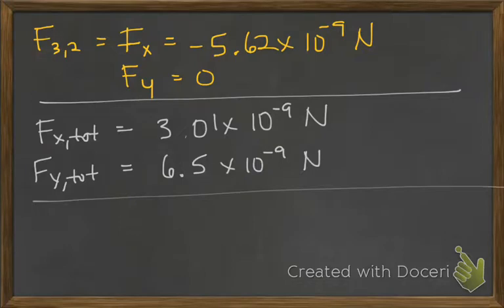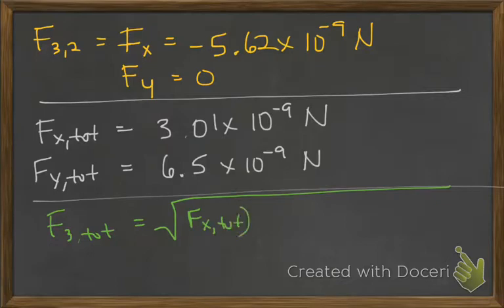So F3 total: we're going to take the square root of your Fx total squared plus your Fy total squared. Plug in your numbers, and you should get 7.16 times 10 to the negative 9th newtons.